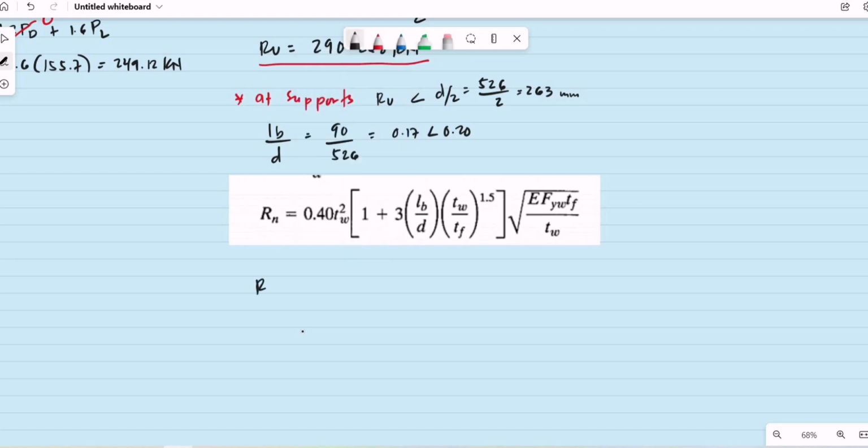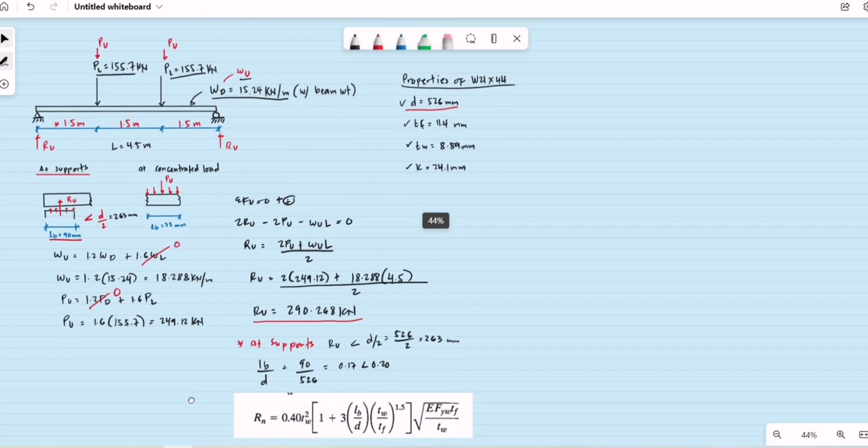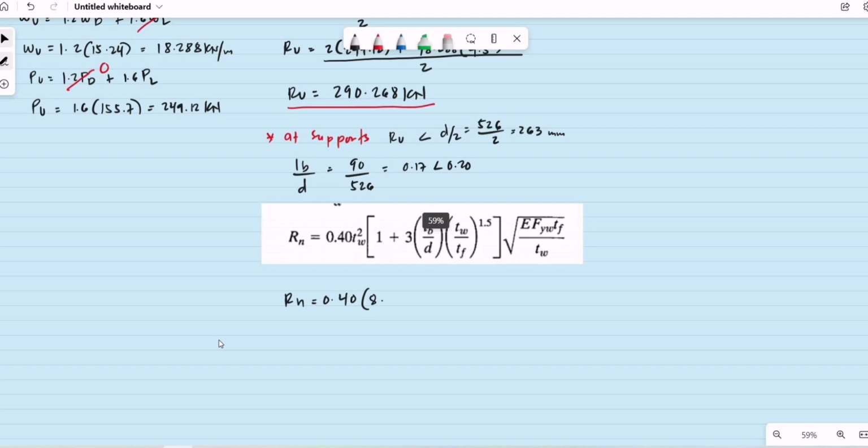We have the value of R sub n equal to 0.40 of the thickness of the web. For the W21 by 44, the thickness of the web is 8.89.